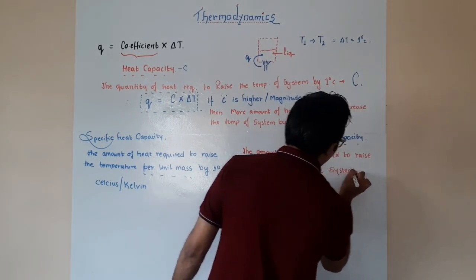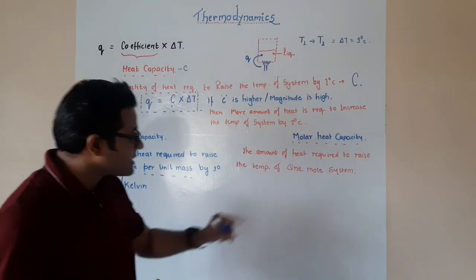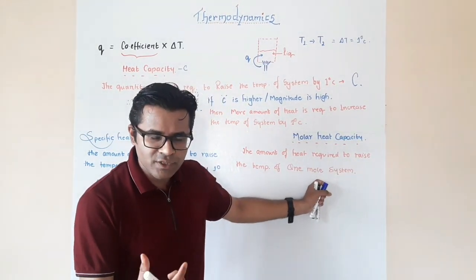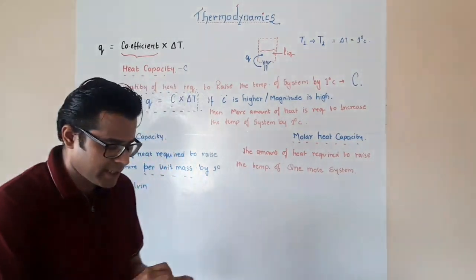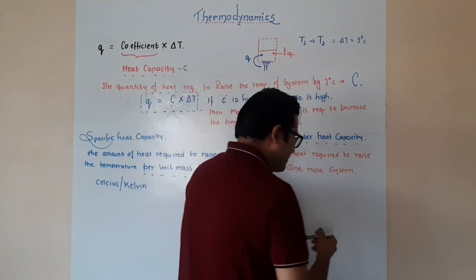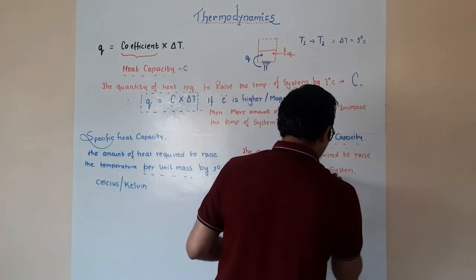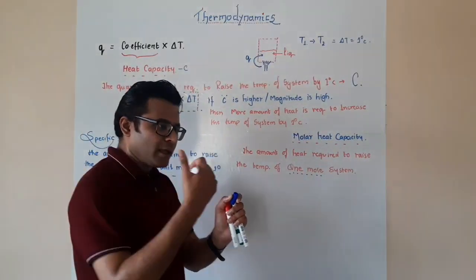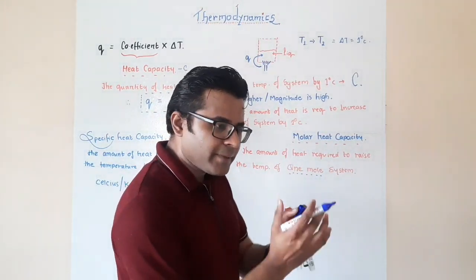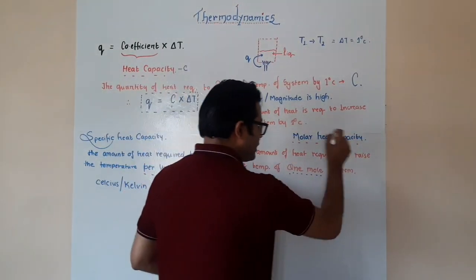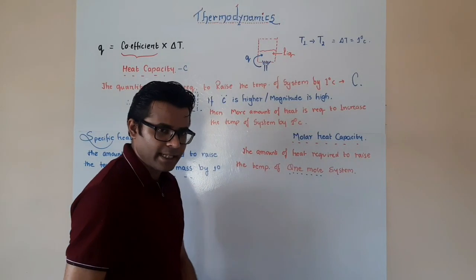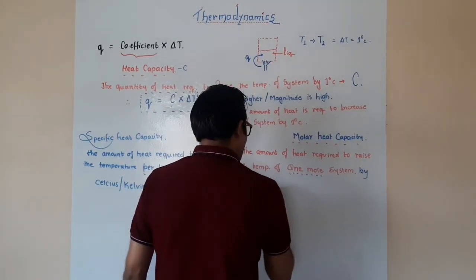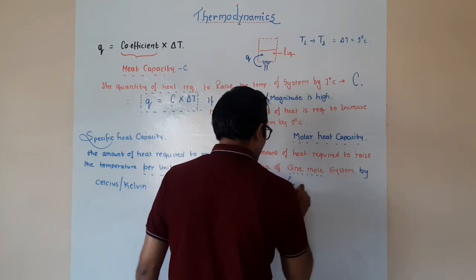That means you have a system which contains 1 mole of either a gas, a solid or a liquid. Doesn't matter. But the condition is that the system has 1 mole of substance present in it, and when you supply a quantity of heat to it, that particular capacity we call the molar heat capacity, by 1 degree either Celsius or Kelvin.